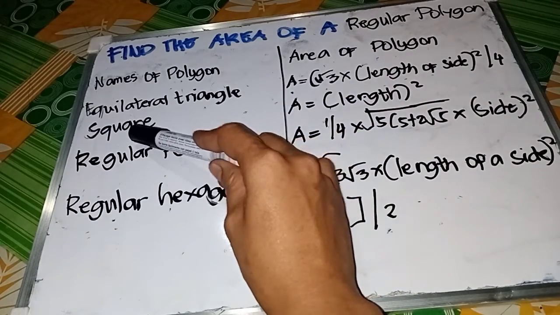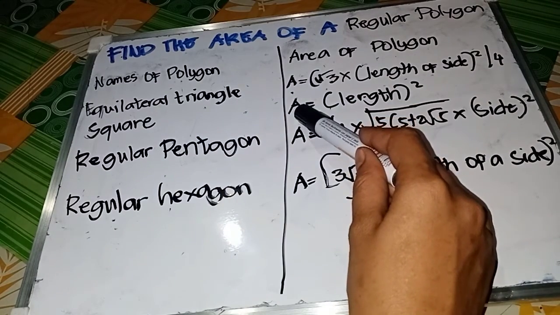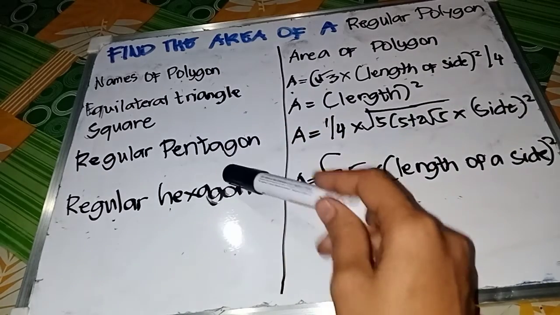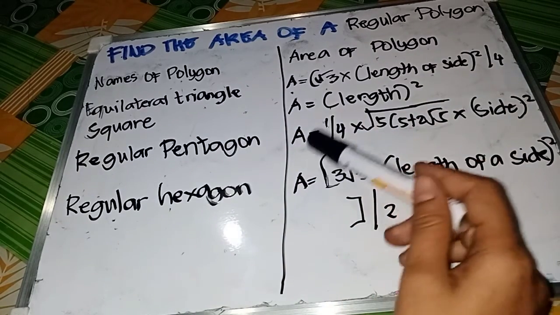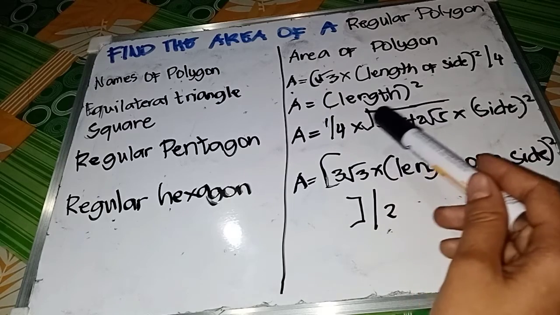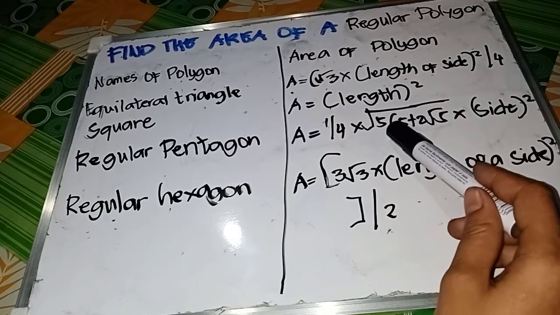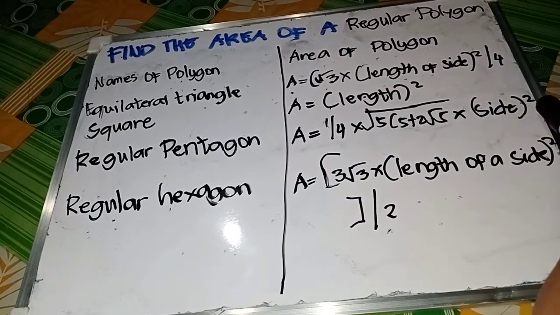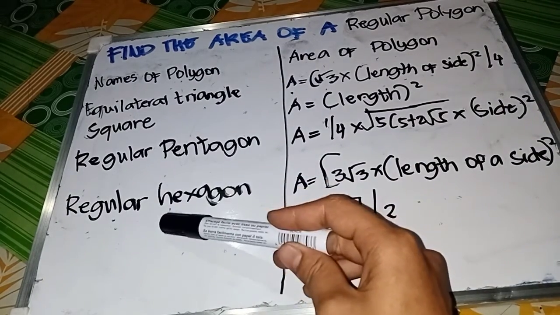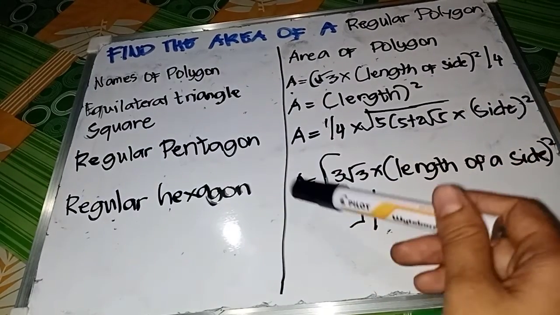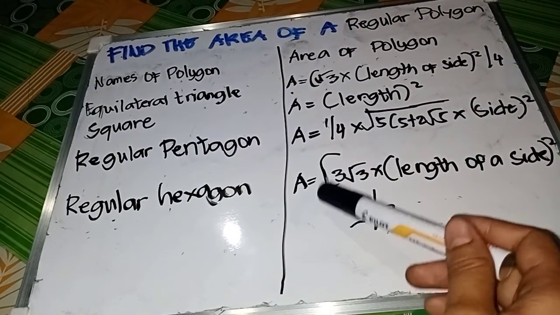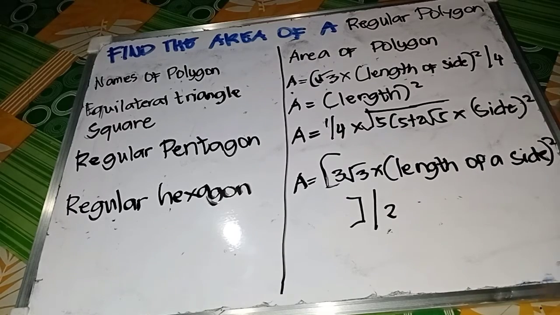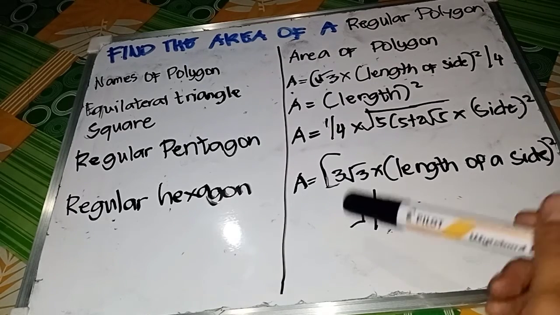For a square, the area is length squared. For a regular pentagon, the area is 1/4 times square root of 5 times (5 plus 2 square root of 5) times side squared. And for a regular hexagon, the area is 3 square root of 3 times the length of a side squared, divided by 2.